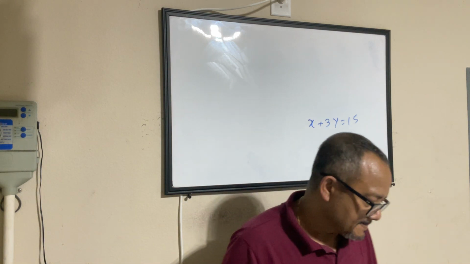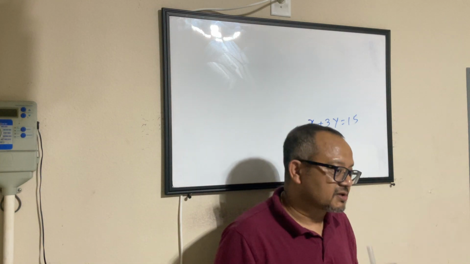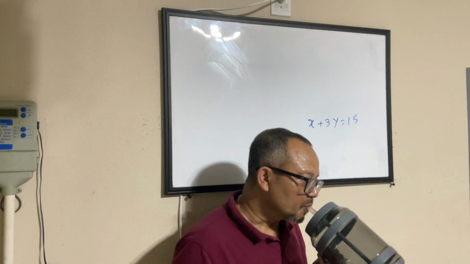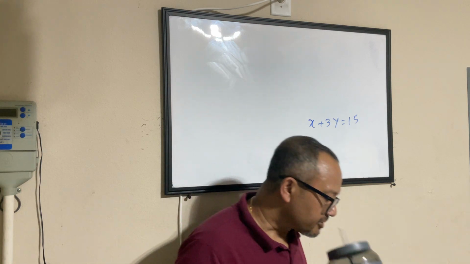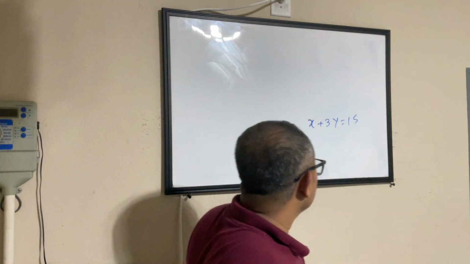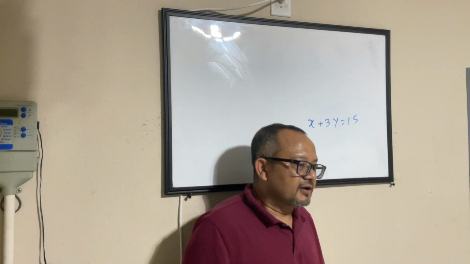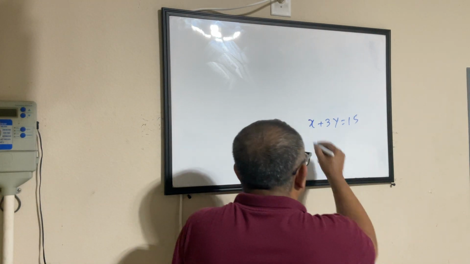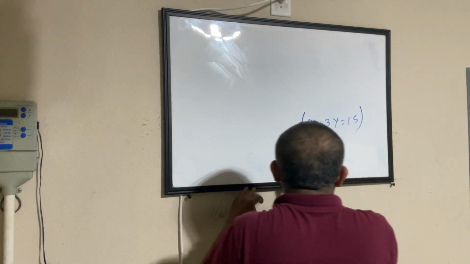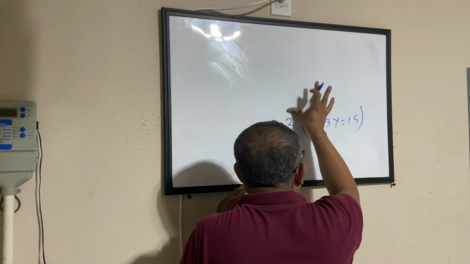Another equation with the same answer. Another equation that gives you the same answer, or that gives you the same possible values of x and y. And the magical answer to that is, pick any equation, multiply with any number.